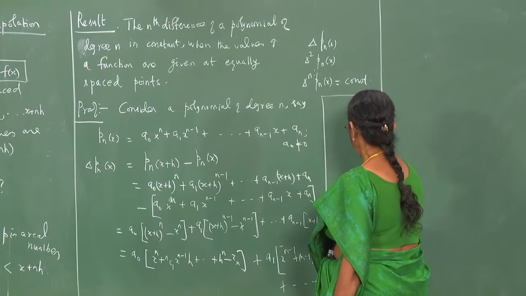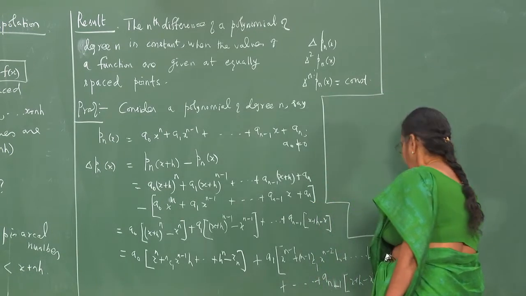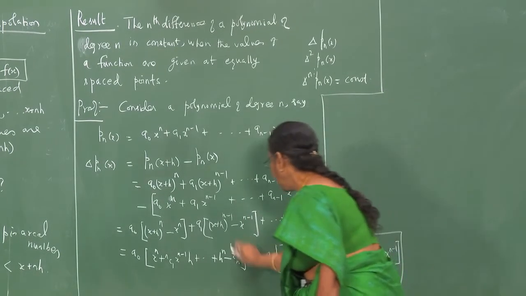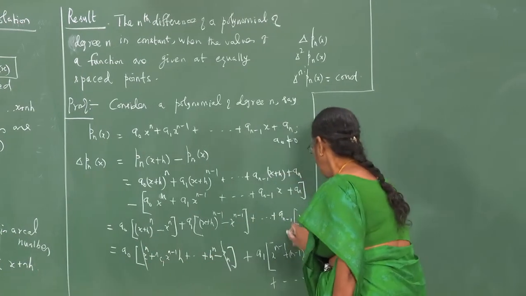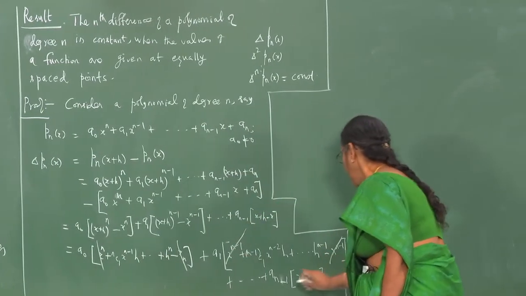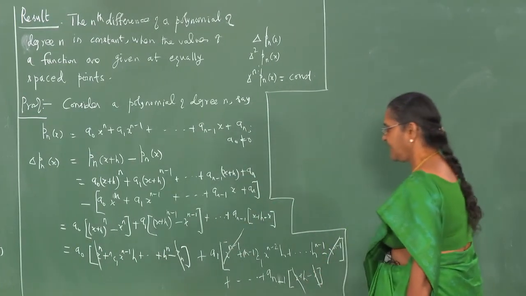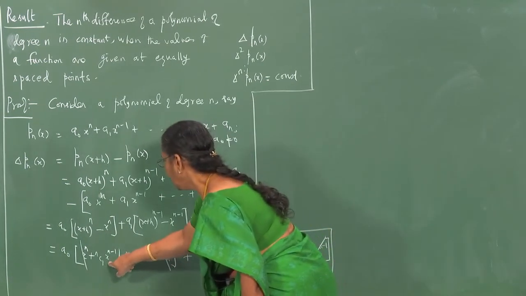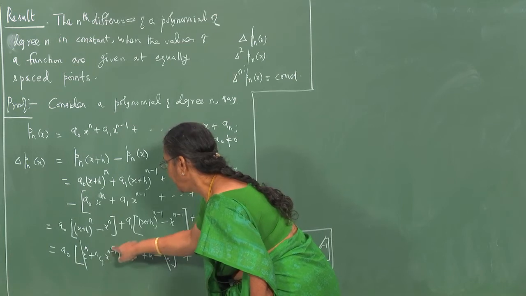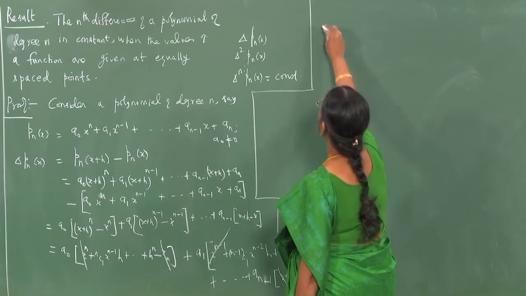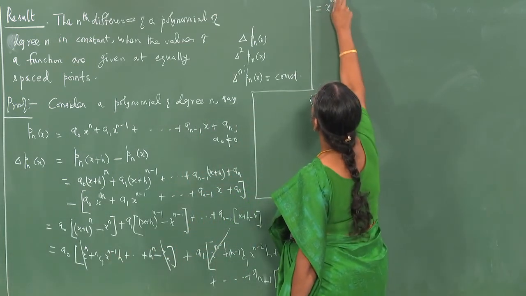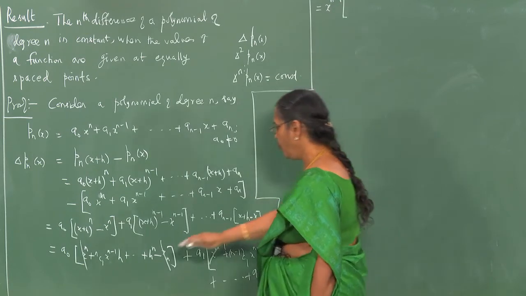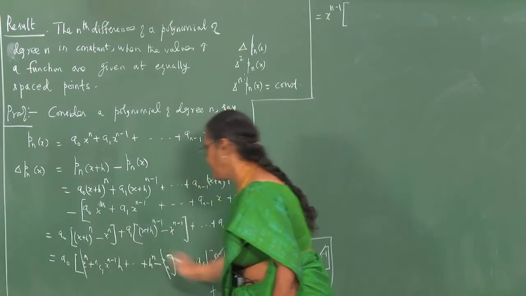So, we simplify this. We observe that x power n gets cancelled, x power n minus 1 gets cancelled, x gets cancelled. So, I have a term with x power n minus 1 here. So, I shall collect that term. There are no more x power n terms.